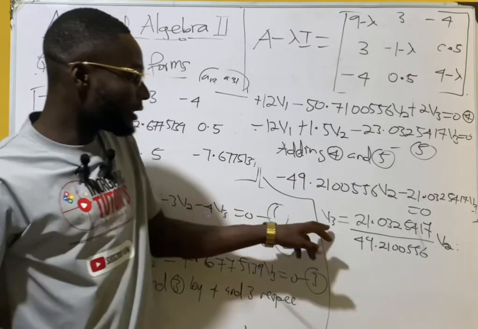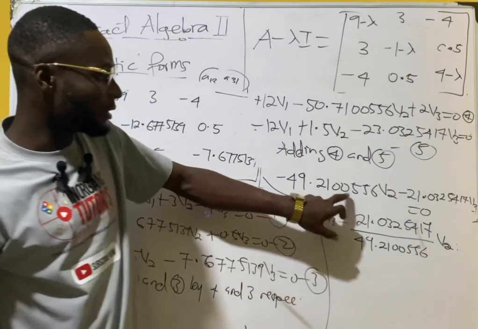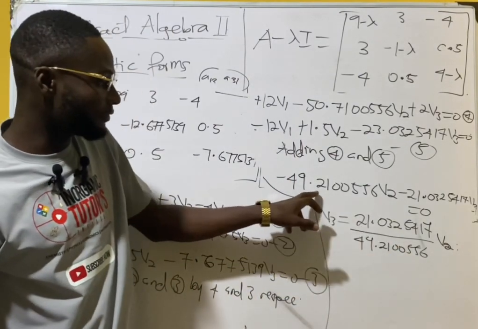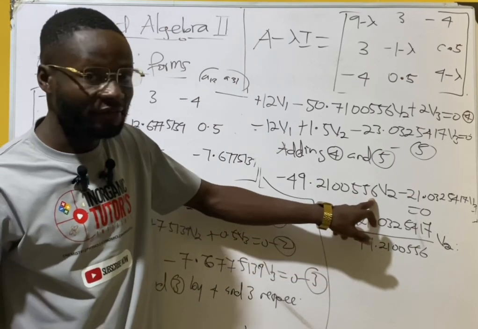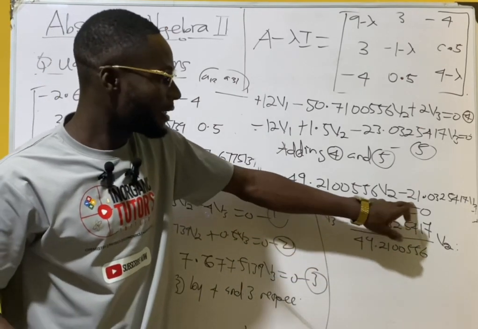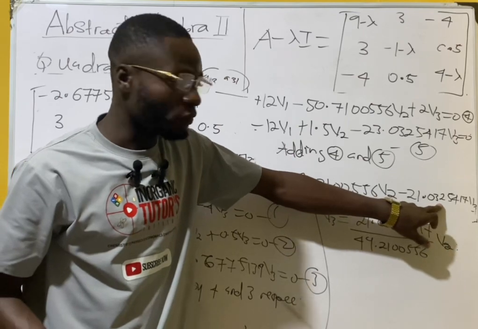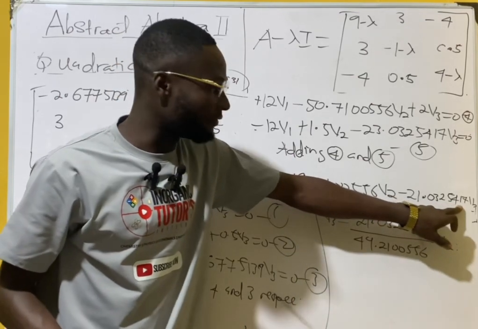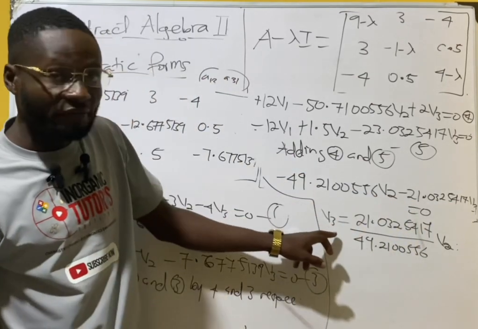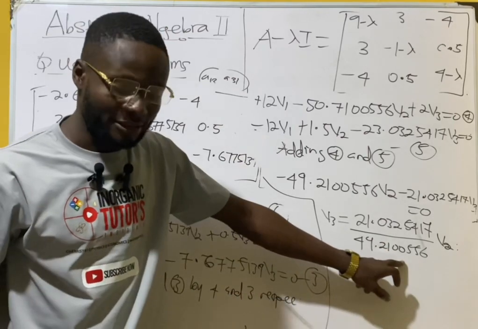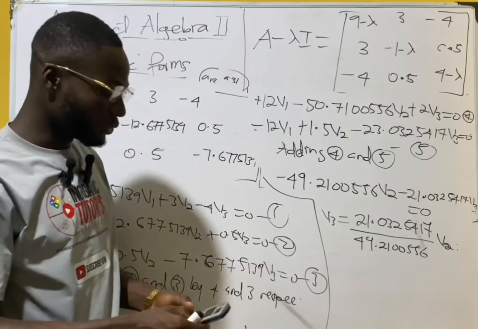So we made V3 the subject from this equation. We have minus 49.2100556 V2 minus 21.0325417 V3 equals 0, and we made V3 the subject. So we had this. Okay, so let's try to divide that.